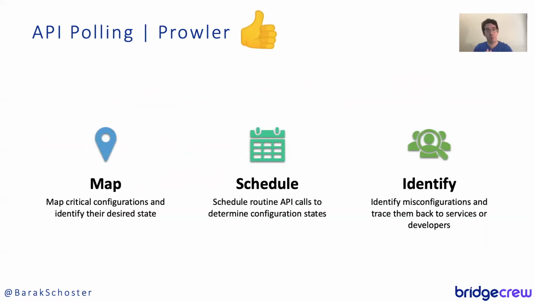Prowler is one of my personal favorites. Why is Prowler that awesome? It's highly maintained by the community. You get a lot of checks that are being executed in various enterprises and contributed back. It's super easy to deploy and it can securely run from anywhere. So it will map your critical configurations and identify the misconfigs.